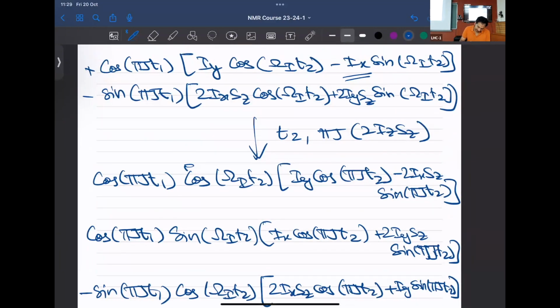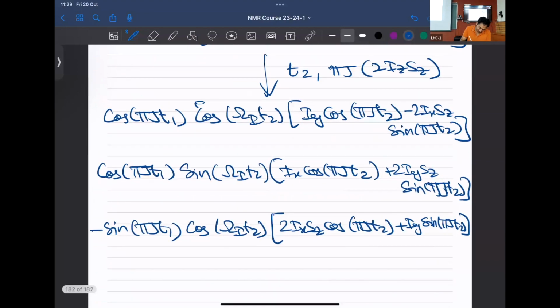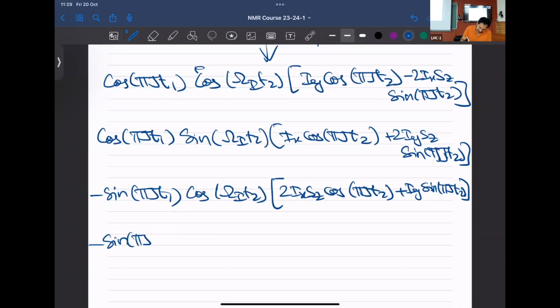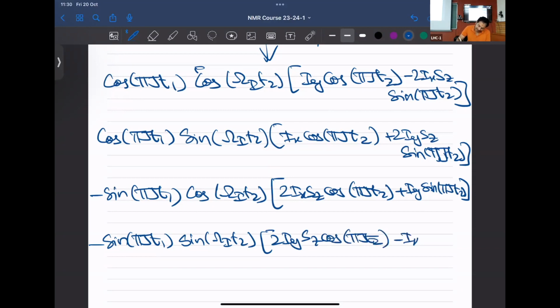IySz. And is that a minus? Yes. Minus sine pi J t1 sine omega I t2, 2IySz cos pi J t2 minus Ix sine pi J t2. These are the terms that we got.